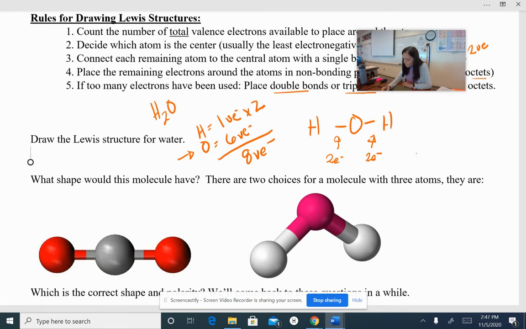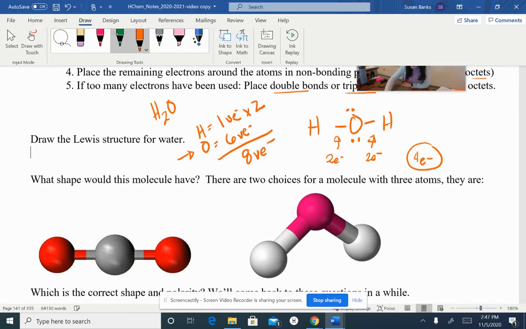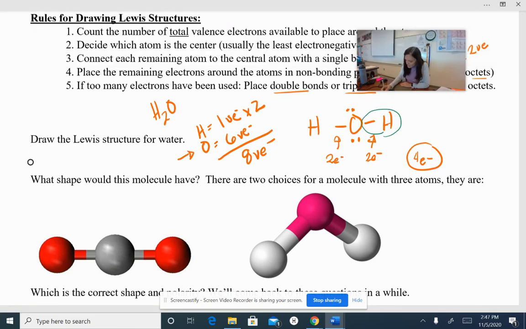I still have 4 more electrons to place. Hydrogen is already satisfied because it can only have 2 electrons, so these 4 other electrons have to go on oxygen. I'm going to put a lone pair here, and a lone pair here. Now let's count up our electrons. This hydrogen has 2 electrons, that's good.